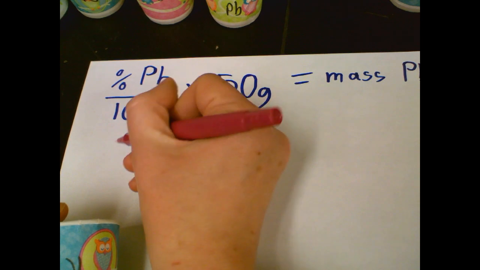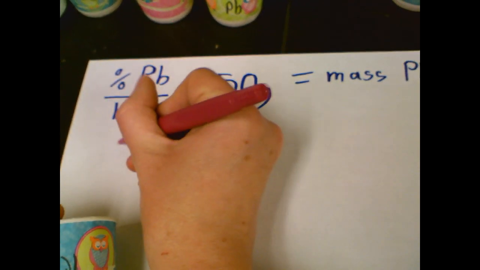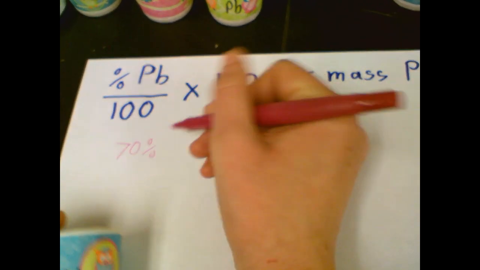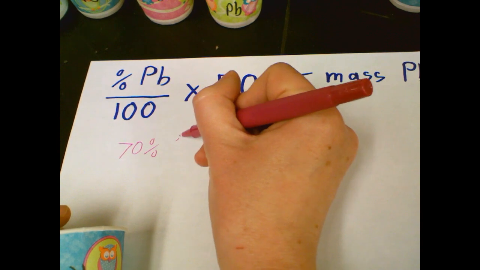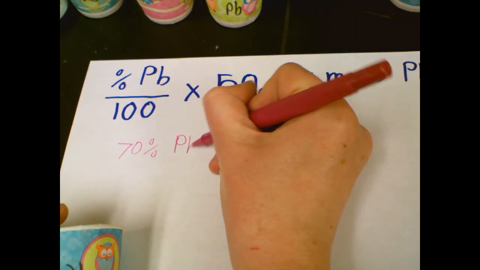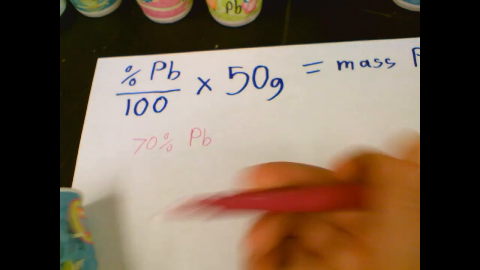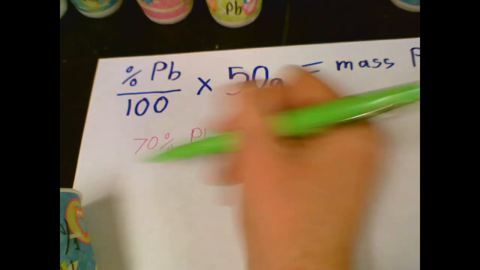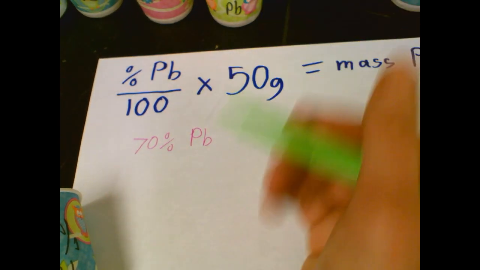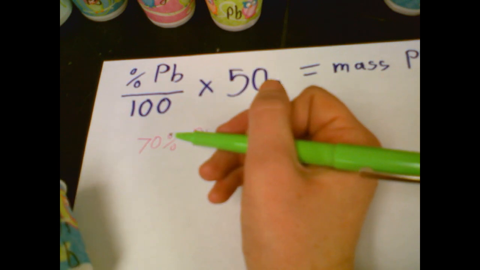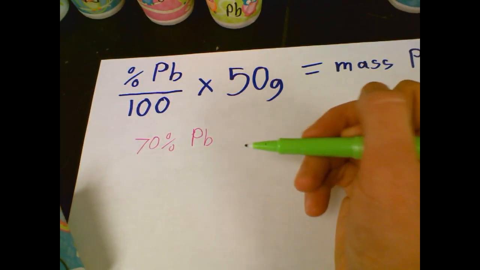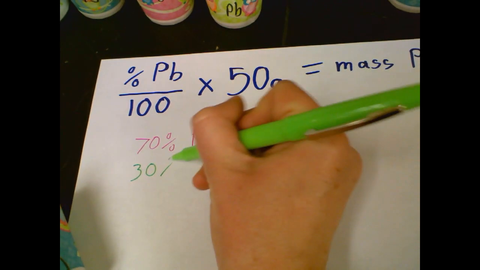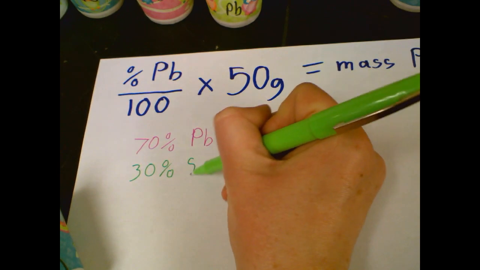We have the 70% lead, that's PB, and that means that because this all has to be out of 100%, that leaves what percentage being tin? It's going to leave you 30% tin.